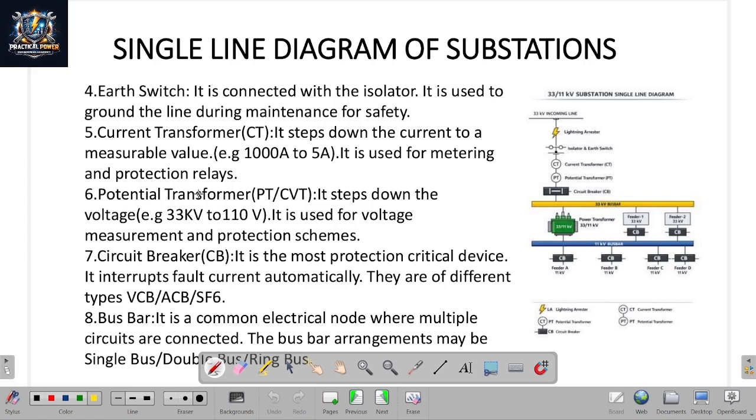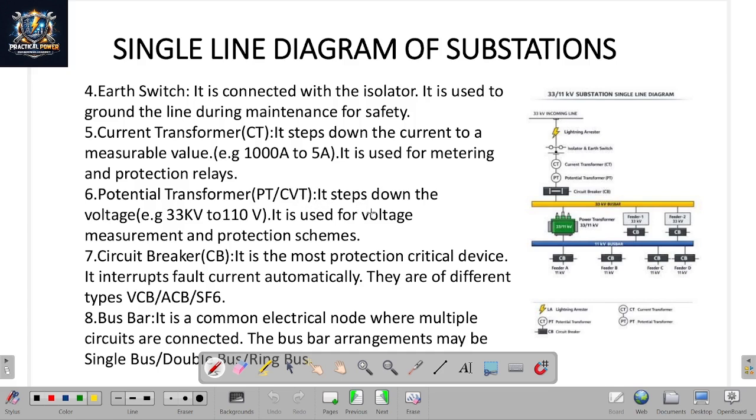Then the potential transformer. This is called potential transformer or capacitor voltage transformer. The capacitor voltage transformer is available in higher voltage substations.